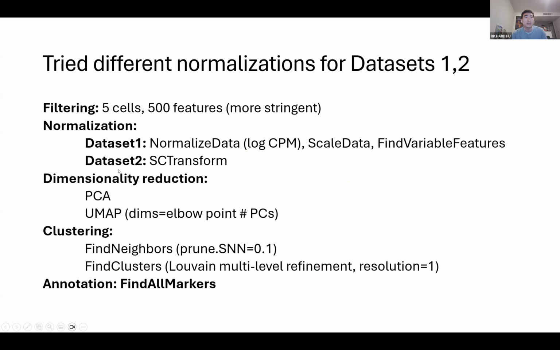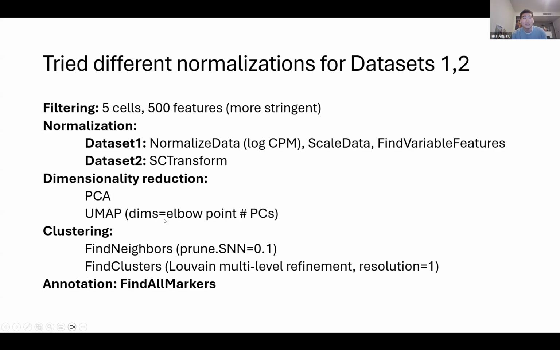From top to bottom, I used 5 cells and 500 features because I wanted to be more stringent in my cutoffs of cells and avoid dropouts. In this one I tried log CPM, which I might change back to 10 to the 4, and then scaling and finding variable features, versus SCTransform in dataset 2.